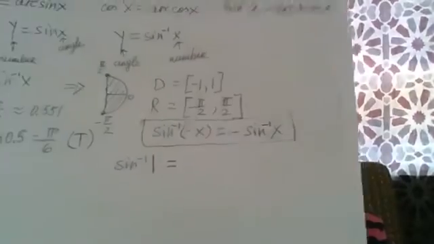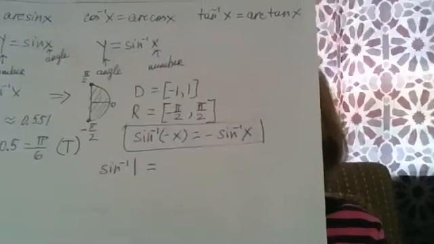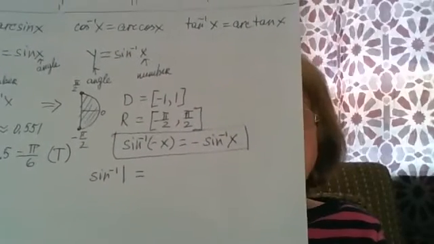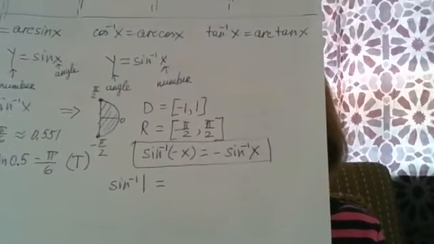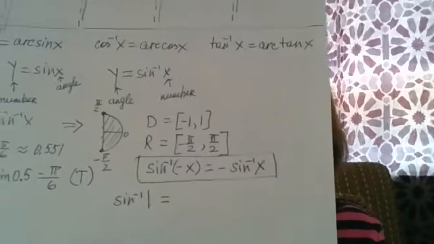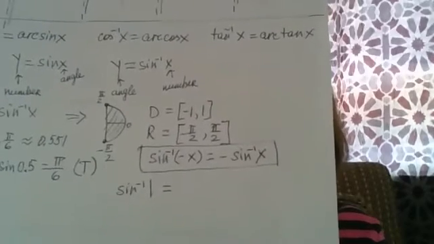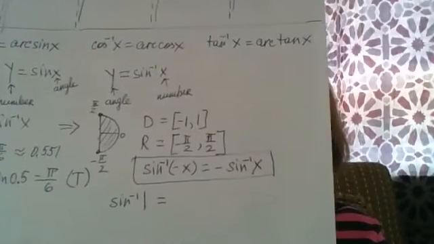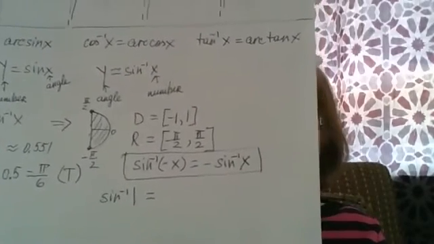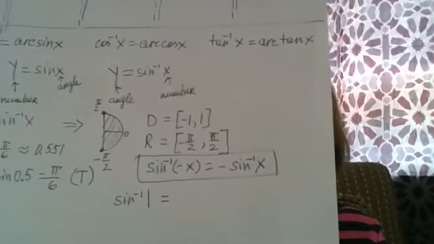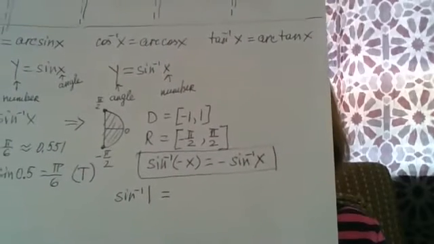For example, what would be arcsine of +1, ladies and gentlemen? What I need to recall is that it should be an angle either from the fourth quadrant or from the first quadrant for which sine is equal to 1. Which angle in the declared segment has sine equal to 1? Is it pi/2?